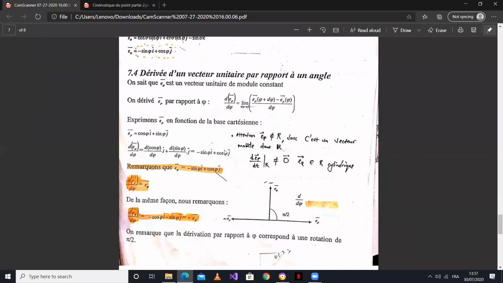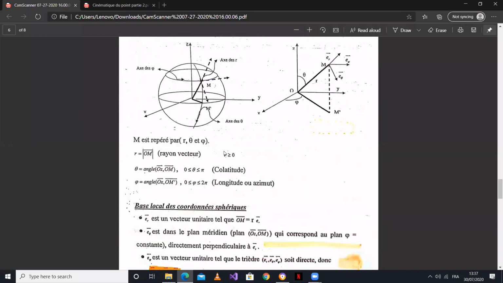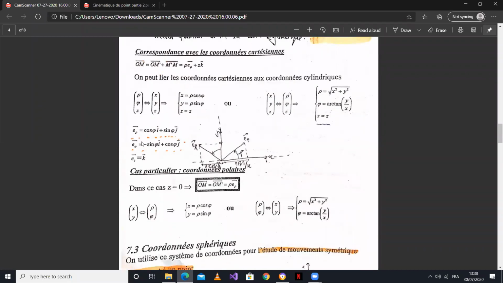When you come up here, from the cylindrical coordinates, you realize that e phi is equal to minus sin phi i plus cos phi j. Wow, notice that? We derived e rho and got e phi. So when you derive e rho with respect to the angle phi, it gives you e phi.